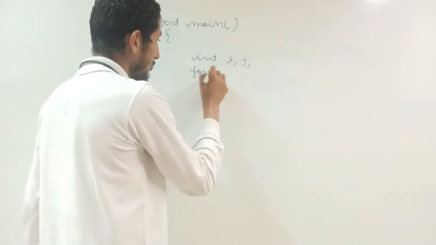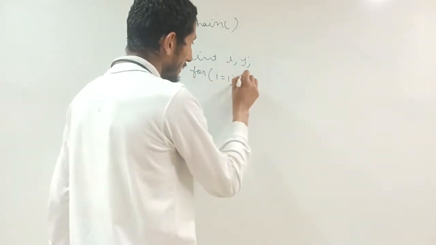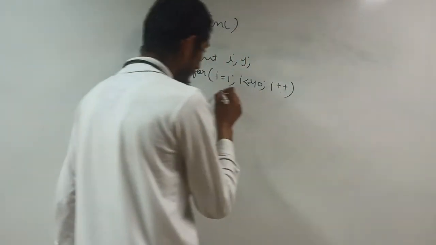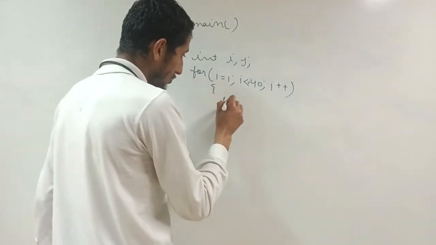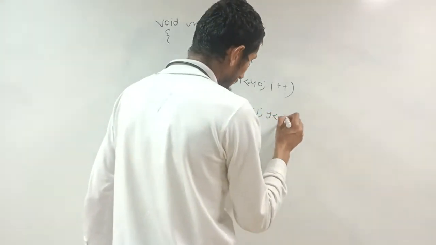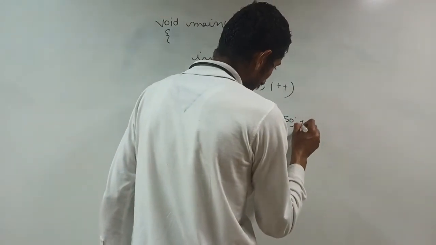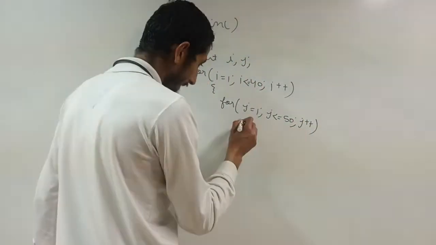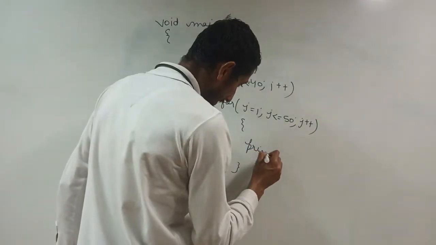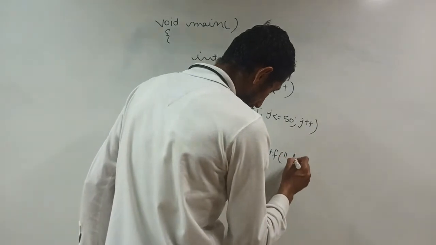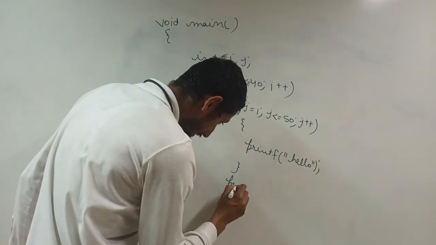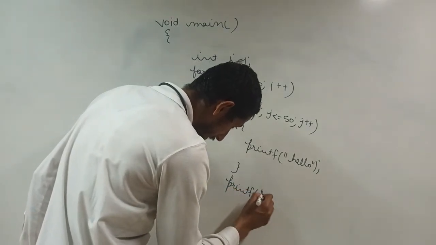Let me apply a for loop: for i equals 1, i less than equals 40 and i plus plus. Then for j equals 1, j less than 50, j plus plus, and printf hello, and printf slash n.